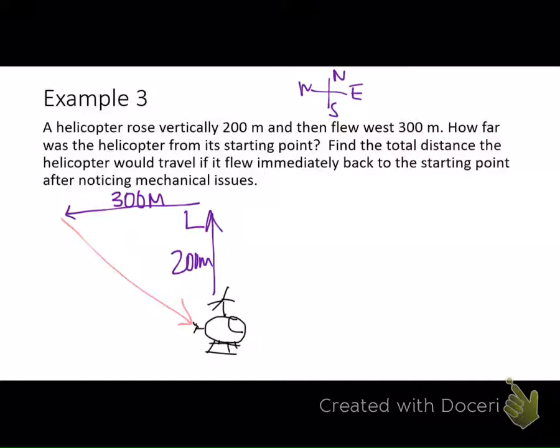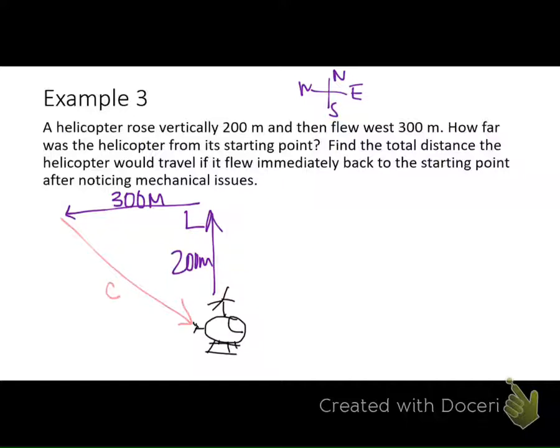To do that, we need to find the hypotenuse again. So Brandon, set up the Pythagorean theorem for me. 300 squared plus 200 squared equals c squared.